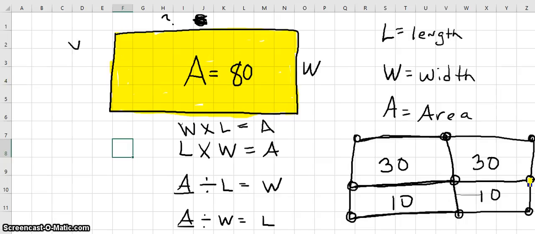These all would be the same because it's a rectangle. So I could take this length plus this length to get the whole length of the side. And it works the other way on the other side for the width. I can take the width and the width and get the whole width.